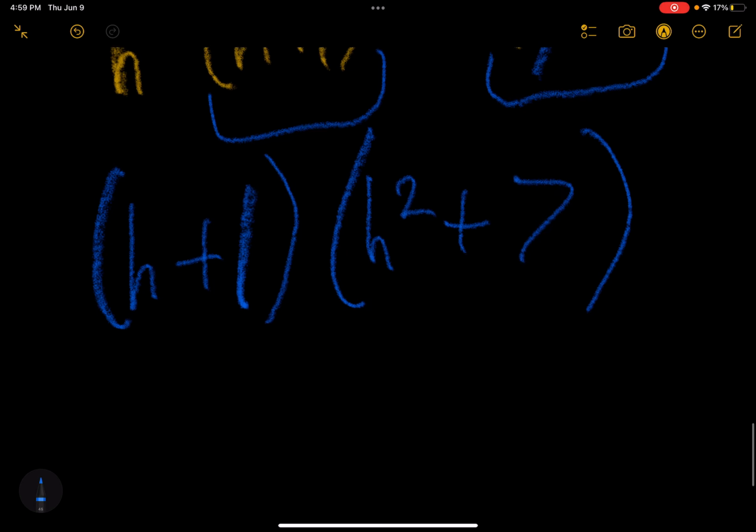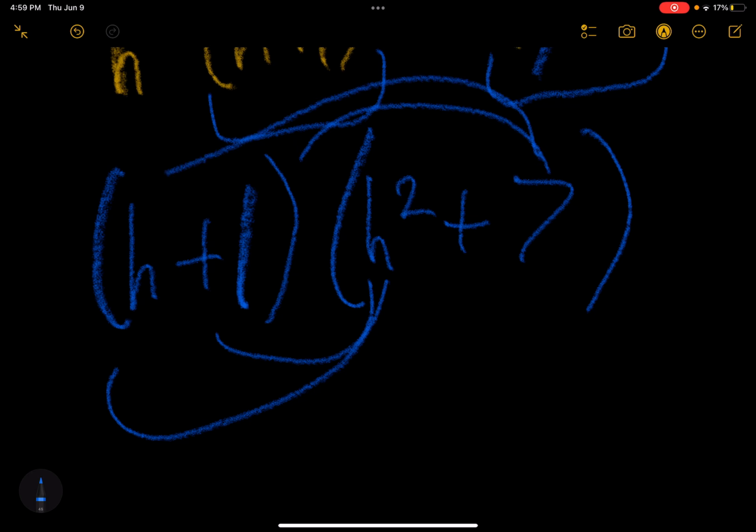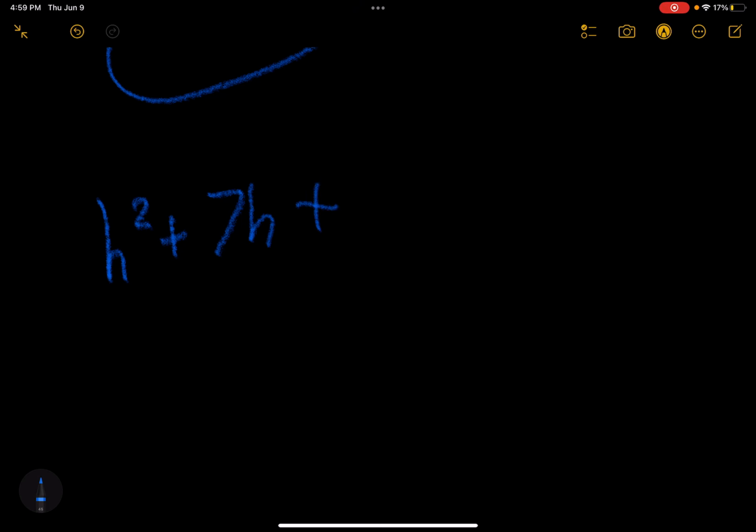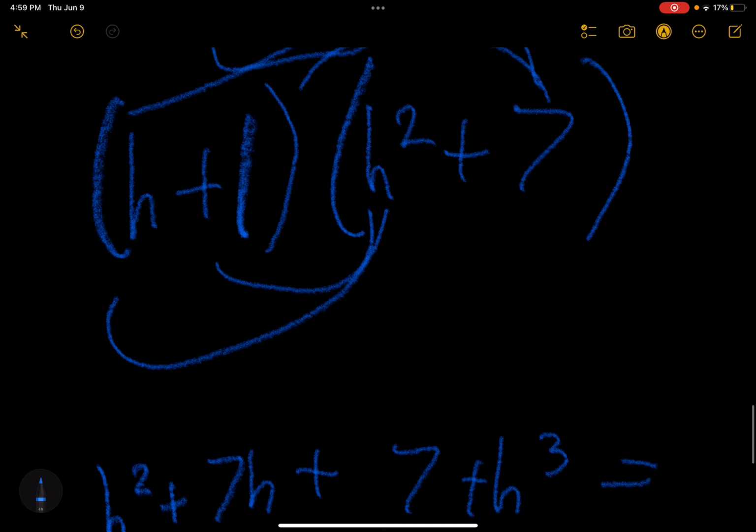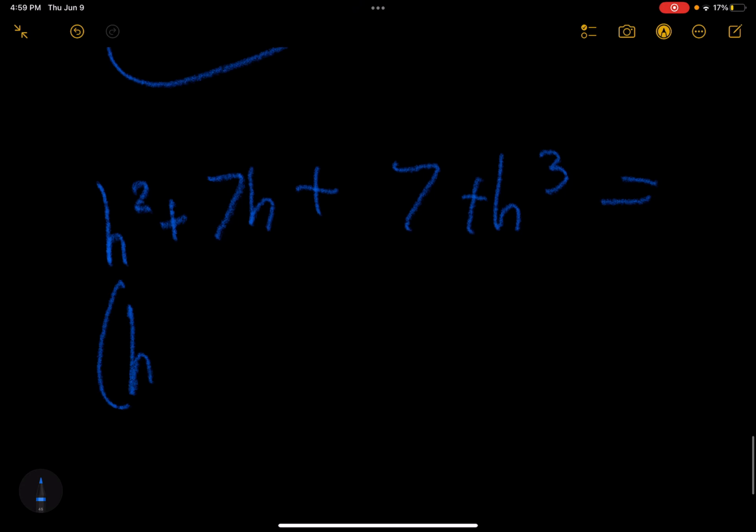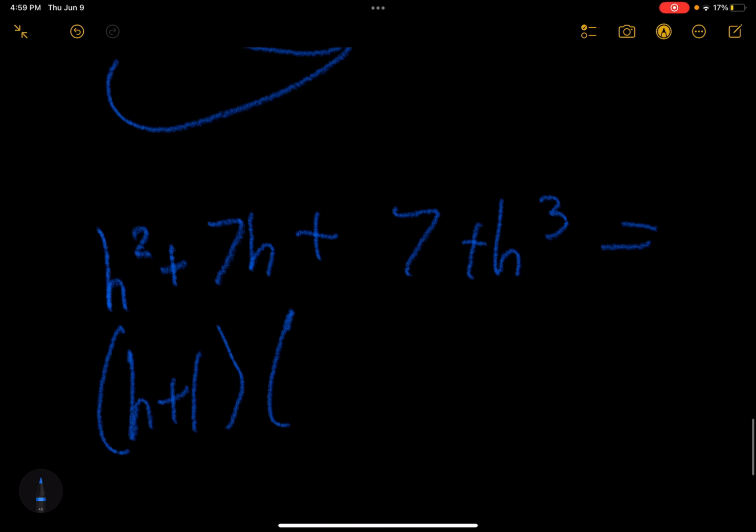And just like I proved earlier, we can do h squared times that, and then 7 times 1 plus 7 times h. So that means h squared plus 7h plus 7 plus h to the third equals h plus 1 times h squared plus 7. That's basically a simplified polynomial.